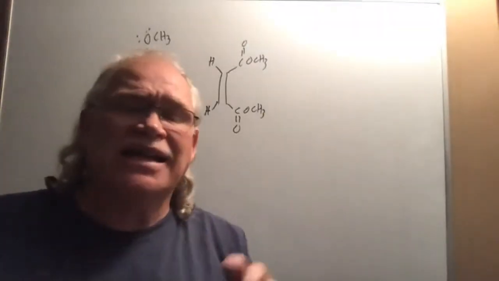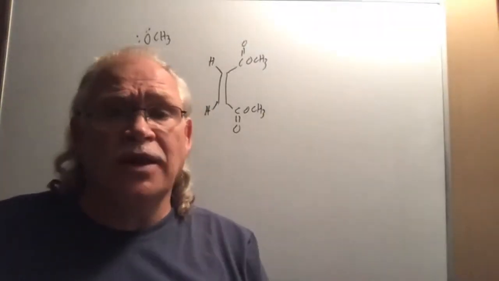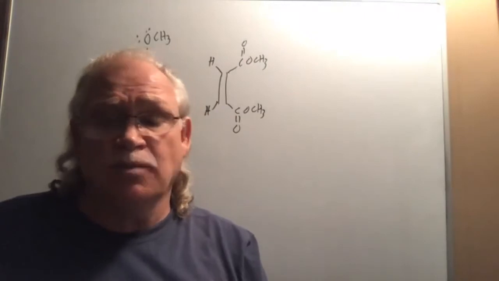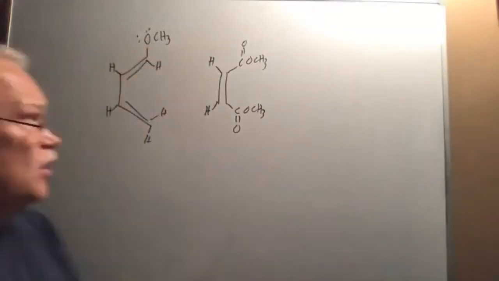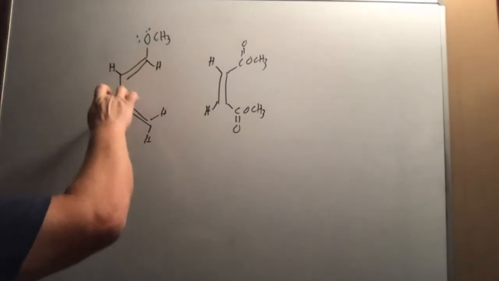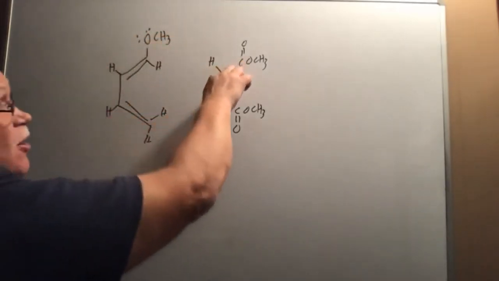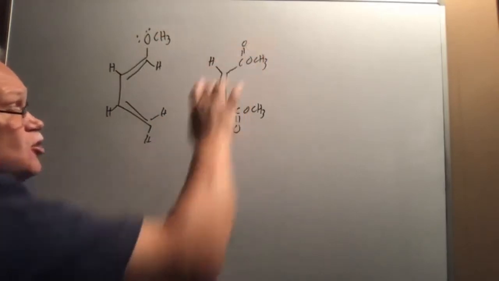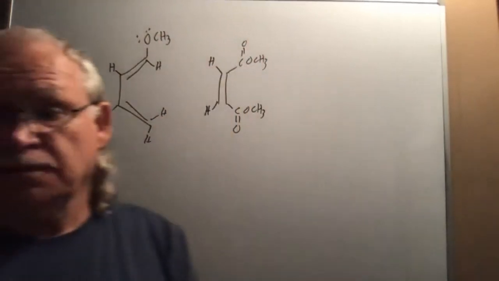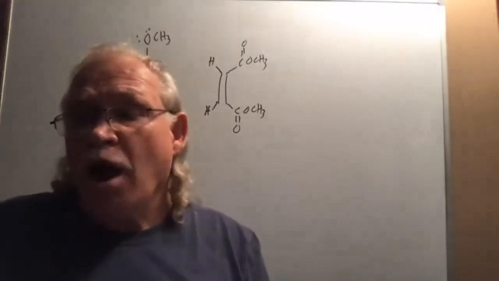Now, that's not an exact definition, but it's one that'll get us to where we need to be at this moment in time. So notice that our diene has an electron donating group, and our dienophile has two electron withdrawing groups. Now, watch what happens here.